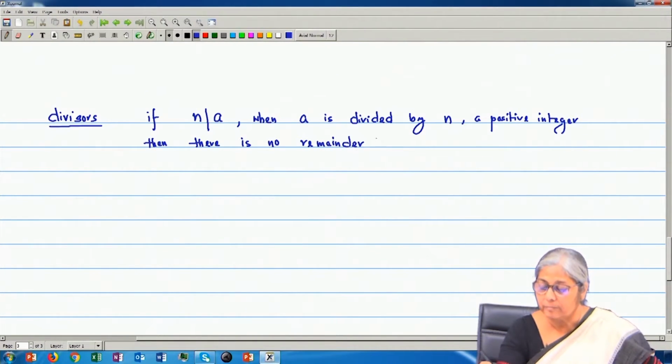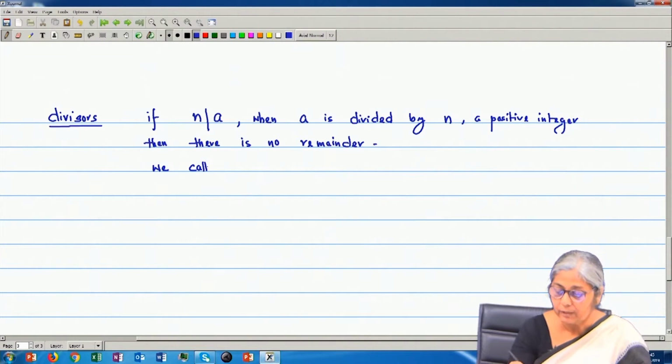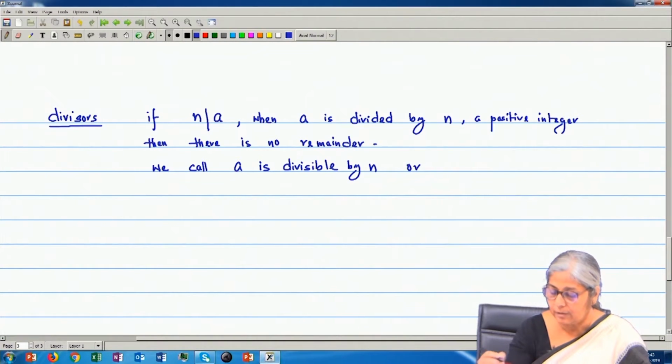We mention that a is divisible by n, or n divides a, and normally the notation is n divides a.